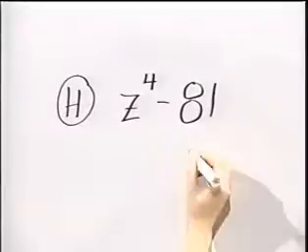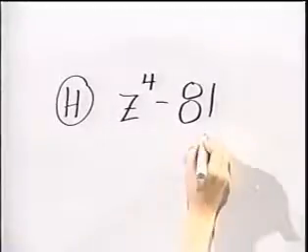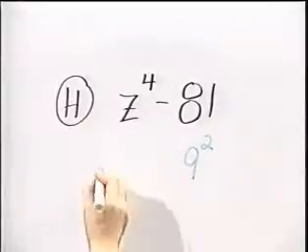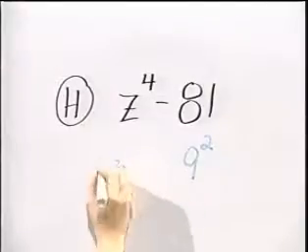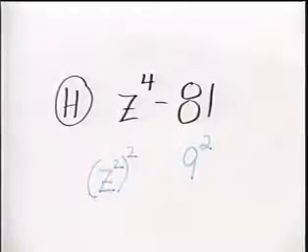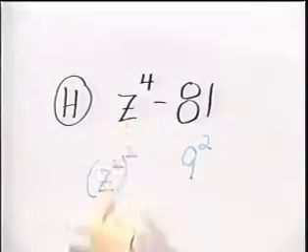The 81 is easy to see. 81 is 9 squared. Z to the 4th, well, that's also a square. In fact, that's z squared squared, right? Z squared squared is z to the 4th.